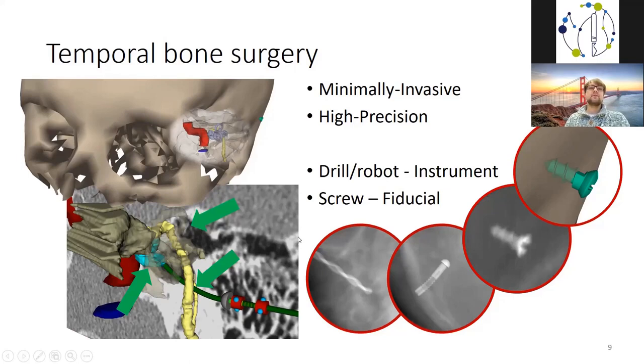The published requirement is better than 0.5 millimeter in accuracy. Otherwise, you would harm these nerves, which could lead to facial paresis. So in the end, the task is to find the drill and robot or the screw on such an X-ray, like it is shown on the right-hand side here.